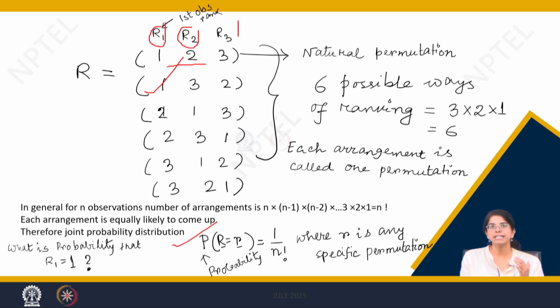You have 6 possible cases and you are choosing 1, so 1 by 6. In general, this is 1 by n factorial. Now what is n factorial? n factorial means n into n minus 1 into n minus 2, down to 3 into 2 into 1. So 3 factorial means 1 into 2 into 3, that means 6. So that's how that 6 comes up.